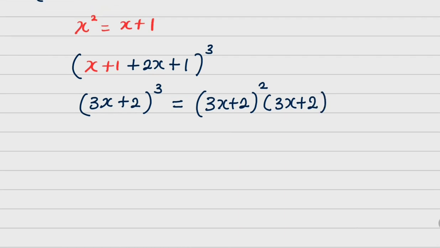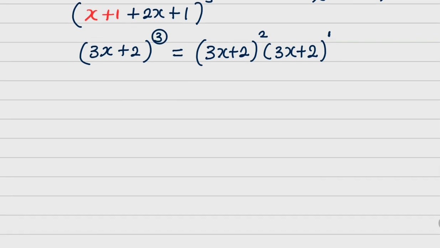This comes from the multiplication law under indices, where x raised to power n times x raised to power m is equal to x raised to power n plus m. Of course, this is like raised to power 1, so 1 plus 2 is 3, and that is the 3 we have here.